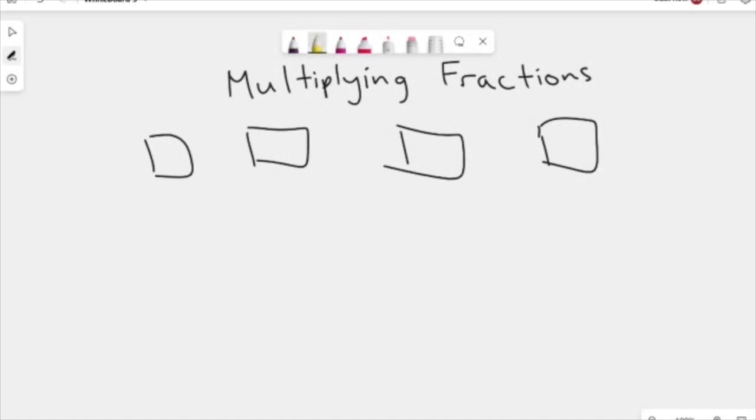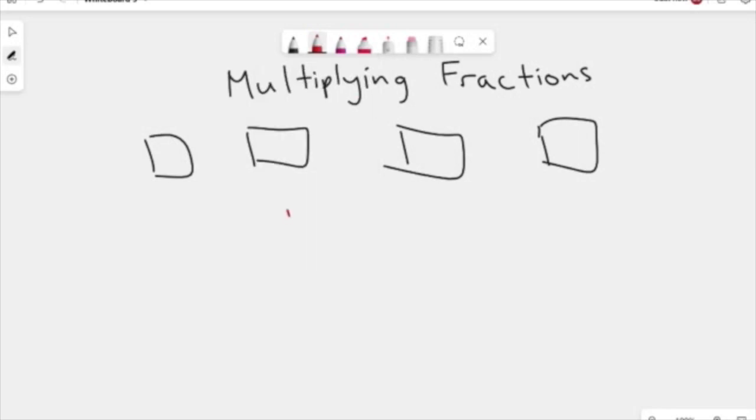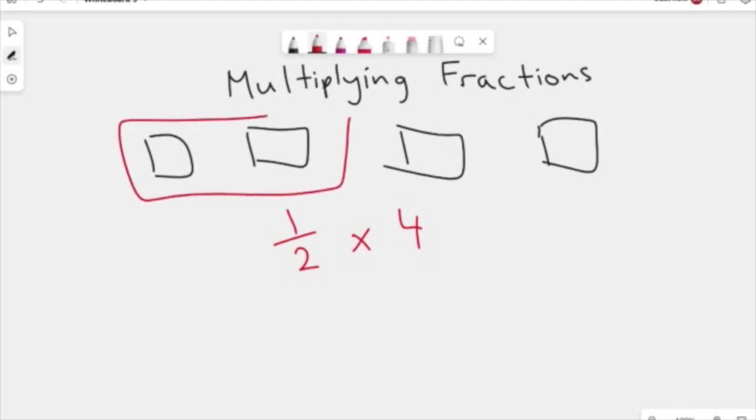And we went in and we said, okay, well, we have half lots of four. And we saw that, well, okay, visually it's all right because we could visually identify what a half is.